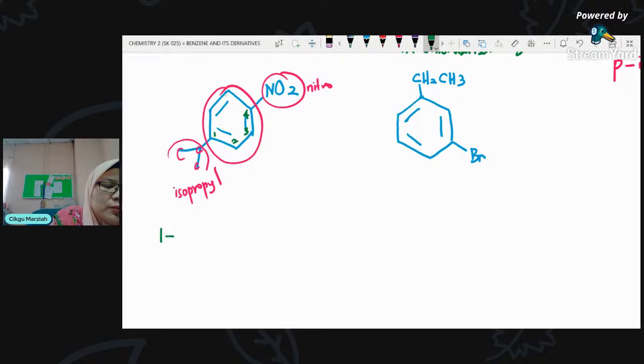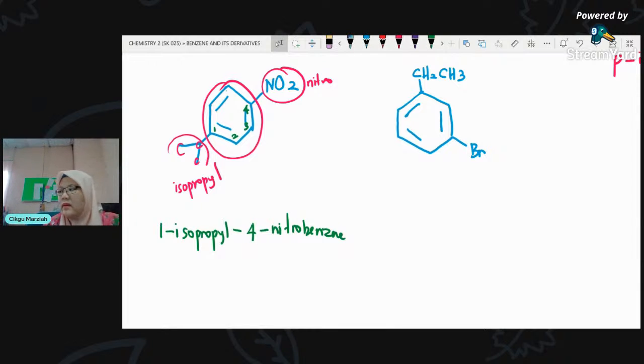So you boleh tulis 1 isopropyl 4 nitro benzene atau, okay, boleh juga nak guna auto meta para. Okay, kalau guna auto meta para, O isopropyl nitro benzene.